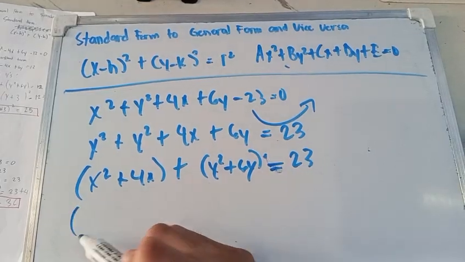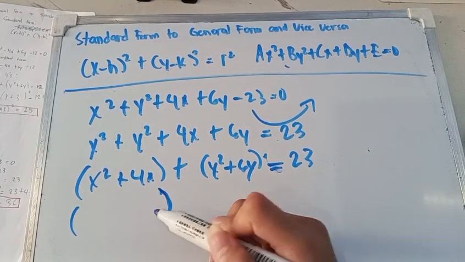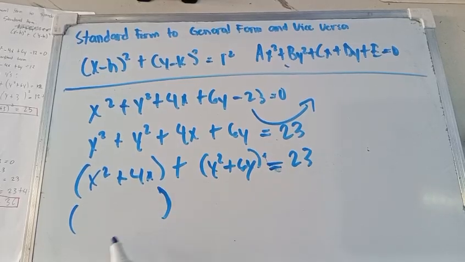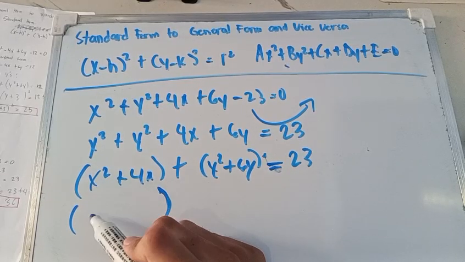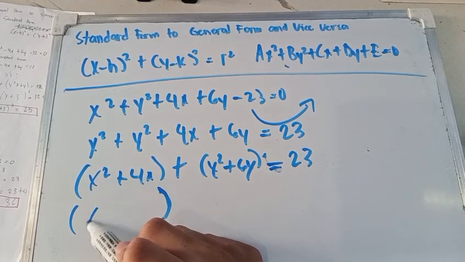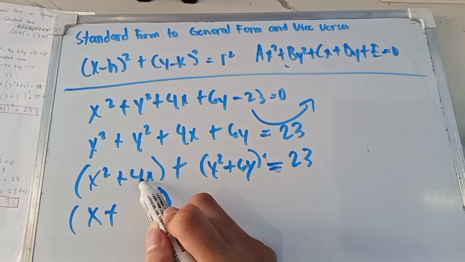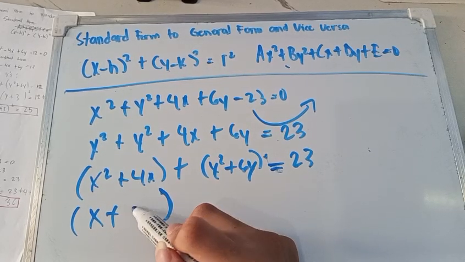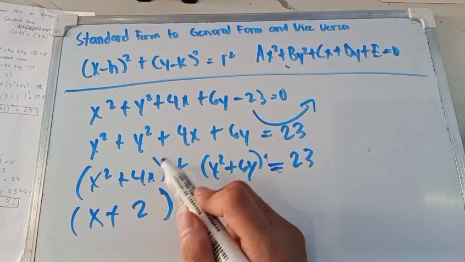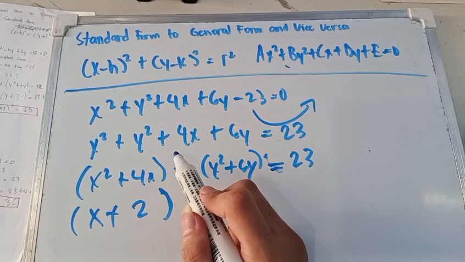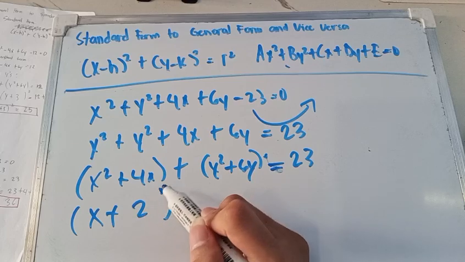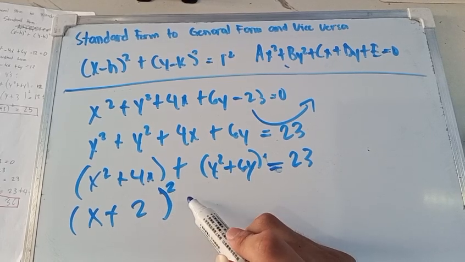Now, next thing that we need to do is to complete the square. So put a parenthesis, then put x here. Okay, copy the operation, then half of the second term, which is 2. We will disregard the x in this case. Okay, so after that, we'll put exponent 2 here.